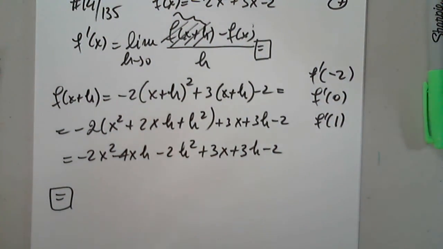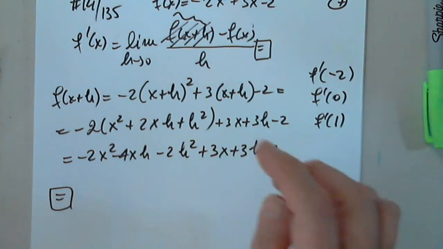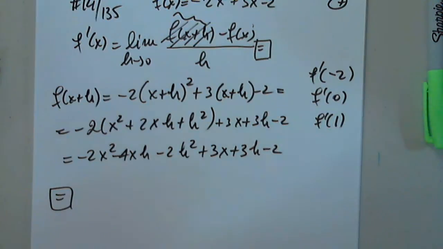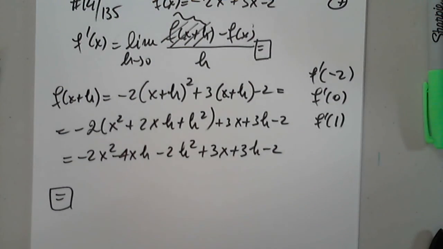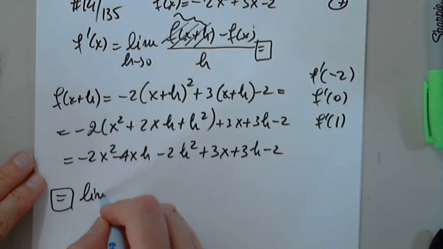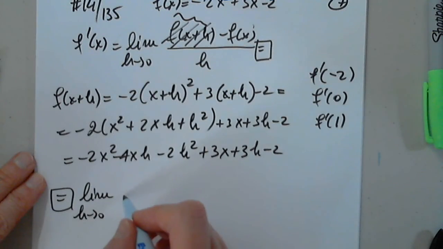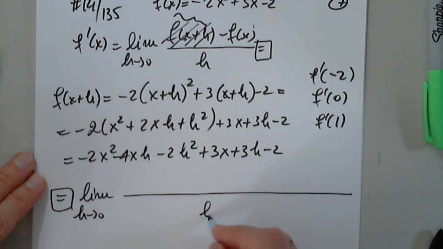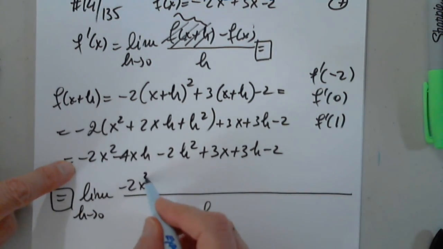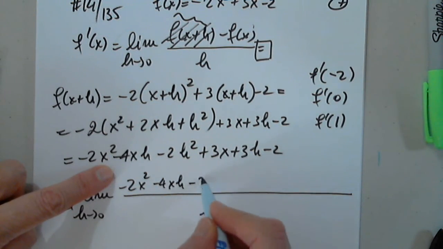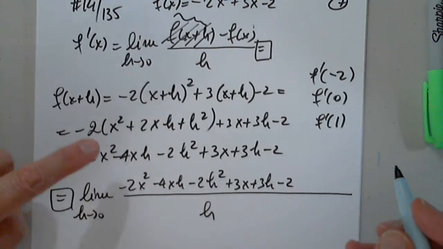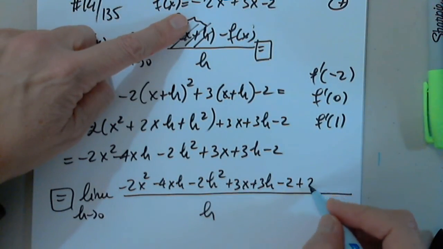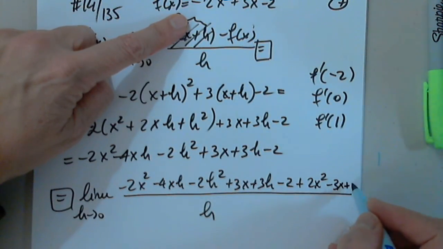And remember what has to happen. All terms without h must go away, and then you have to simplify the h in the denominator. That's mandatory. Otherwise, something is terribly wrong. So then the limit as h approaches 0 of negative 2x squared minus 4xh minus 2h squared plus 3x, watch me run out of room, I always do, plus 2x squared minus 3x plus 2.